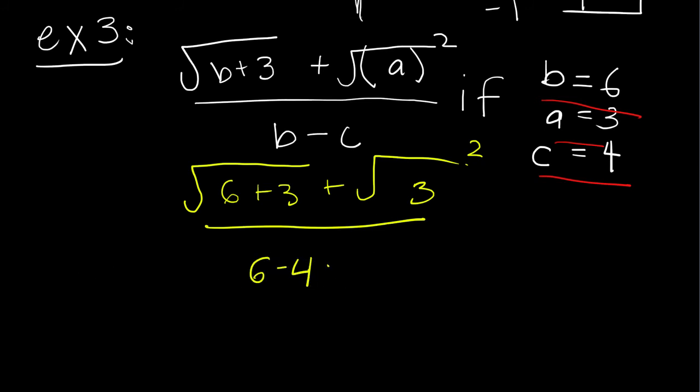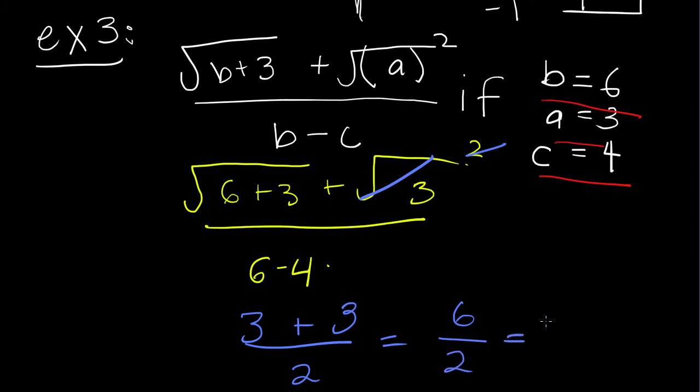All right, so now let's just simplify this as much as possible. So 6 plus 3 is 9, the square root of 9 is 3, plus 3, because when you square a number that is also being square rooted, you get the same number, which is 3, over 2. So we get 6 over 2, which is 3. So that's our final answer.